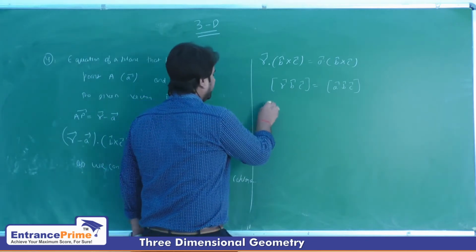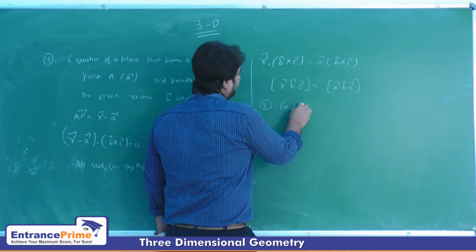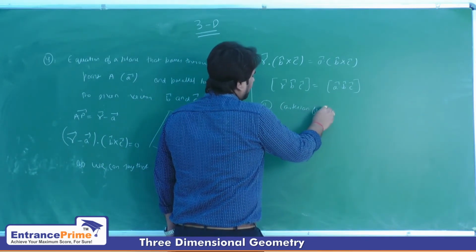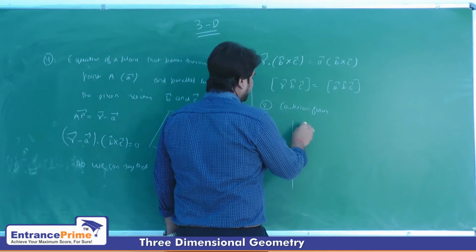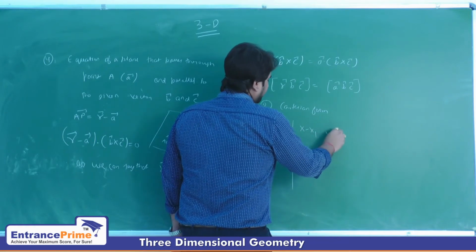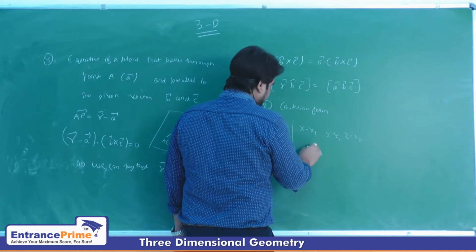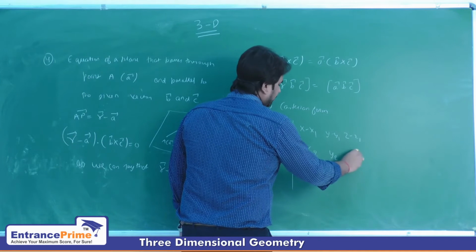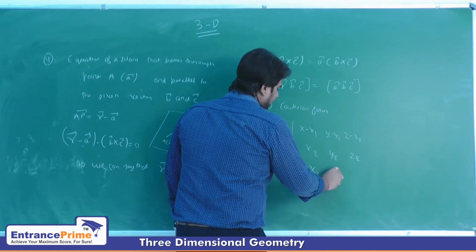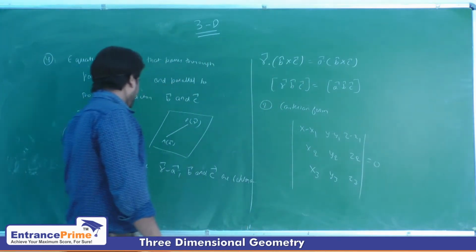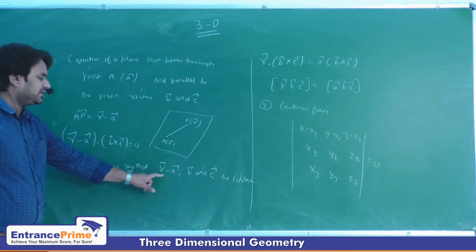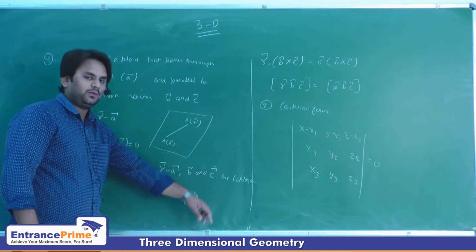Okay. Now second form of this equation is what? Cartesian form. If you want to find Cartesian form, then it is given by the determinant with rows x minus x1, y minus y1, z minus z1; x2, y2, z2; x3, y3, z3, that will be equal to 0, because I have written vector R minus A, vector B and vector C are coplanar.